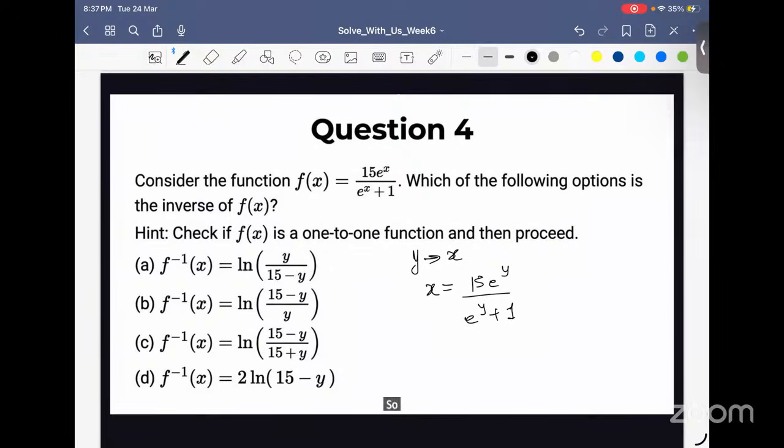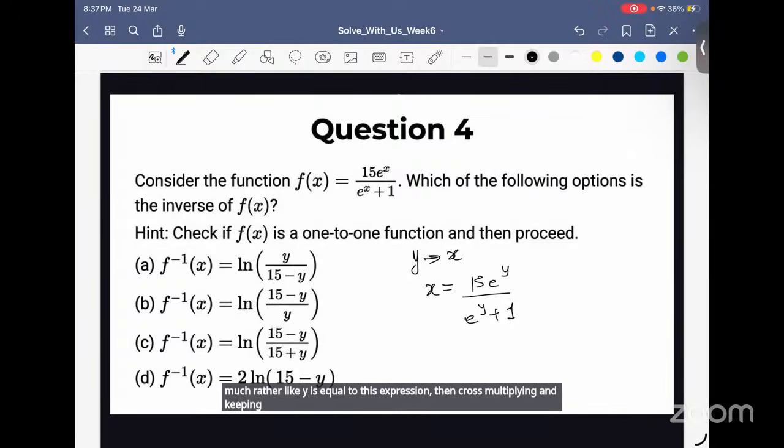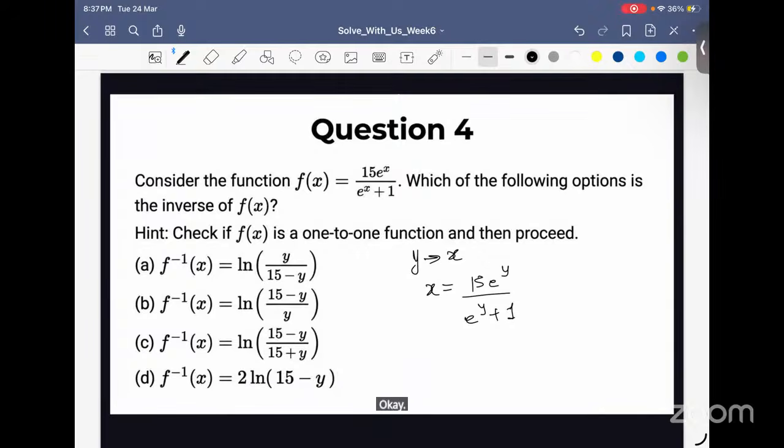Sir, we can consider f inverse of x as y, and find f of g of x equal to x, then in that process we can find the inverse. Taking a simple approach, y is equal to this expression, then multiplying and keeping e to the power x on one side and all the y terms on another side, and just taking the log. Yes, ln we can apply then.